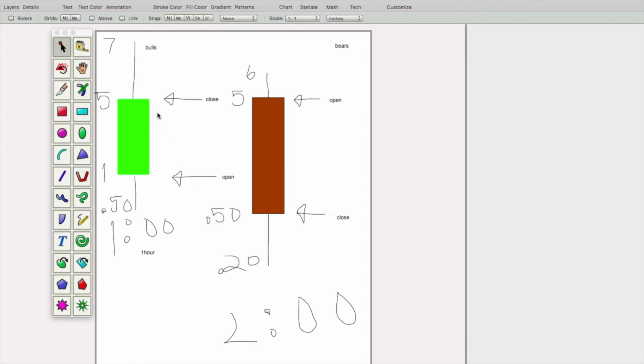So let me give you a formation or just a sequence of candles so you could see it as a sentence. Delete all this.